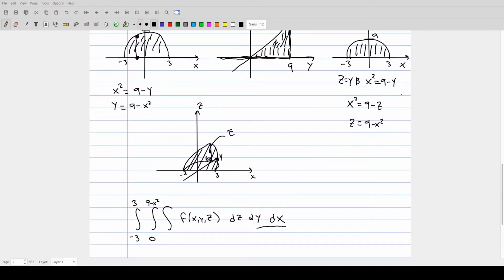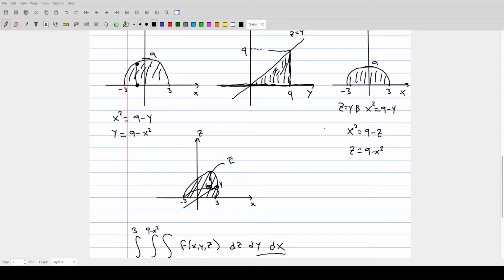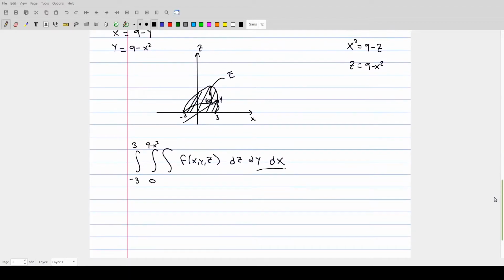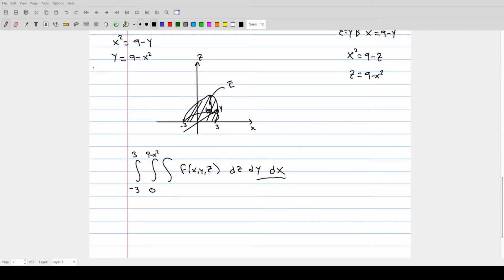And then we have to rely on the last trace for finding the correct z-bounds. But the main idea is that it's always based off of this surface. So in this case, we're looking at how z changes with respect to y.